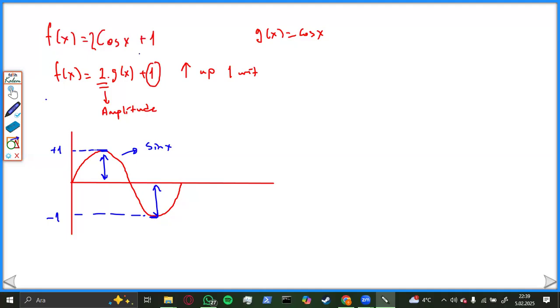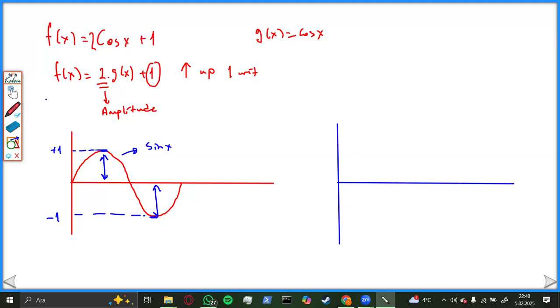What about the new function? At that time this coefficient 2, as a multiplication, gives us the new amplitude of the function.